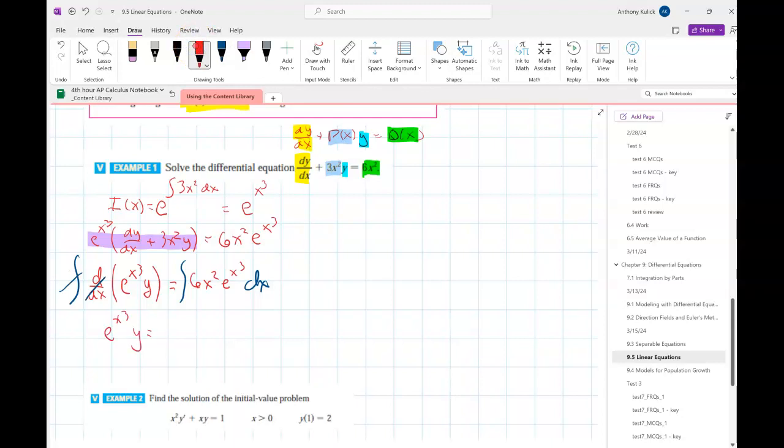Now, how am I going to integrate 6x squared e to the x cubed? It's a u sub. Everybody okay there? So that integral becomes 2 e to the u du.